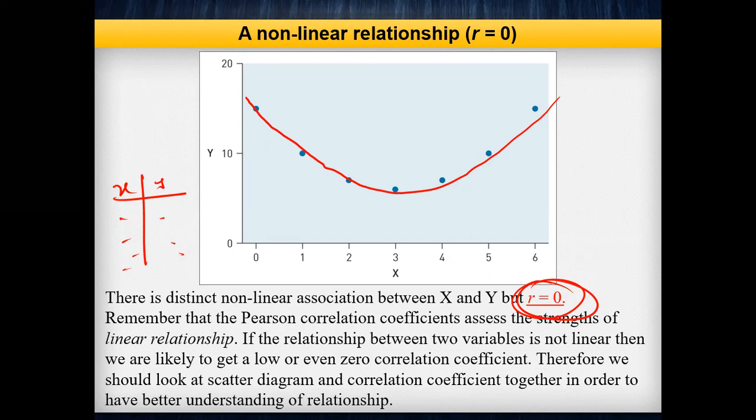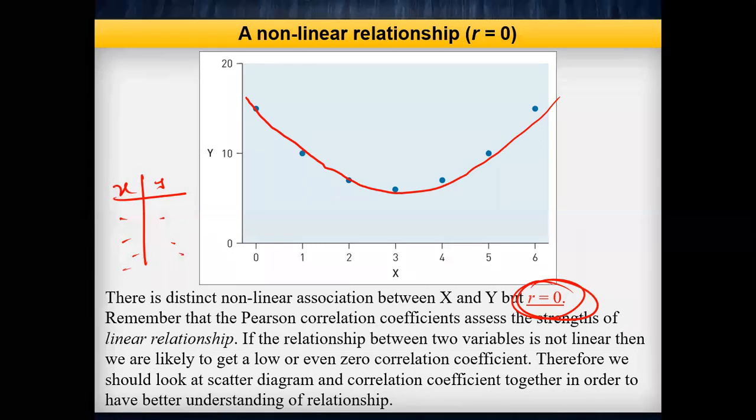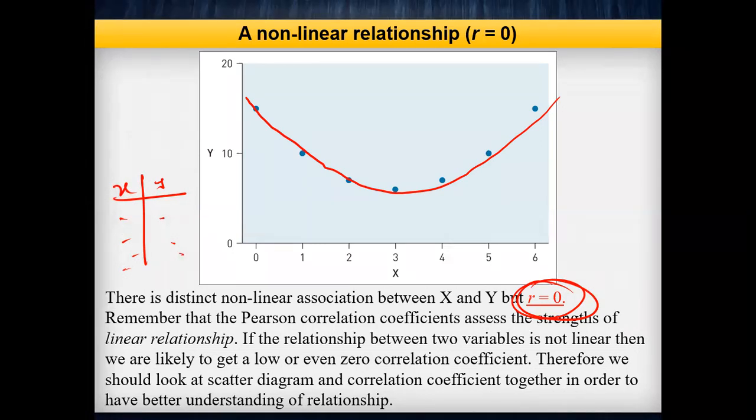Sometimes the scatter diagram will deceive you, and sometimes the Pearson correlation coefficient alone will deceive you. So we have to look at both, and the final decision is based upon the evidence we get from both methods, the Pearson correlation coefficient and the scatter diagram.